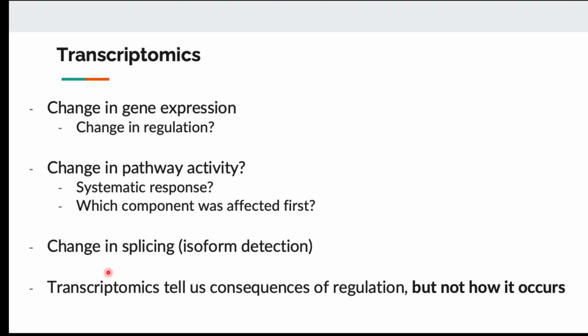So transcriptomics, some people like this because it tells you the consequence. You have the biomarker. You know what gene changed in your disease, in your sample. But transcriptomics by itself doesn't tell you how that change occurred. You need other types of omics to combine.